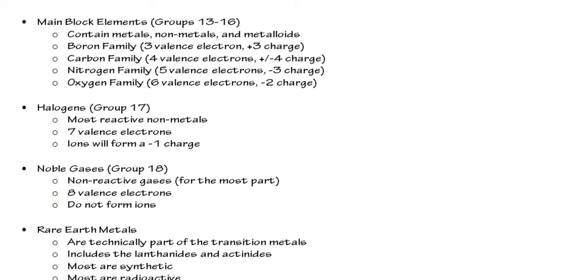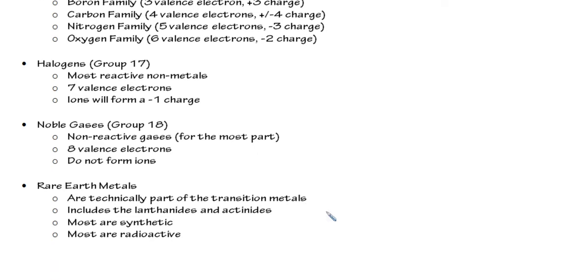Finally, you hit the noble gases, which we all know are non-reactive because they have full orbitals. They do not need to gain or lose or share electrons, so they really do not need to form ions. And finally, we touched upon the F block at the bottom of the periodic table. This could also be known as the rare earth metals.